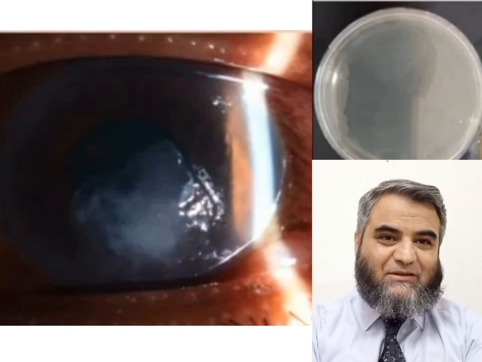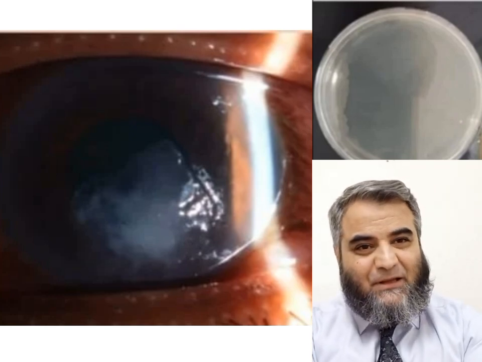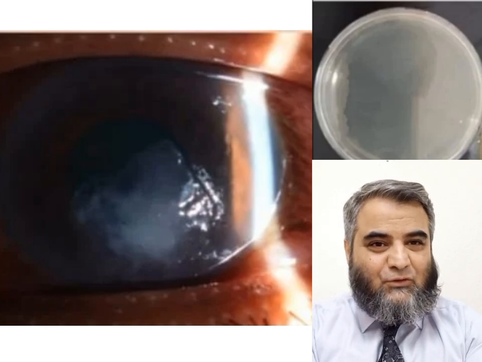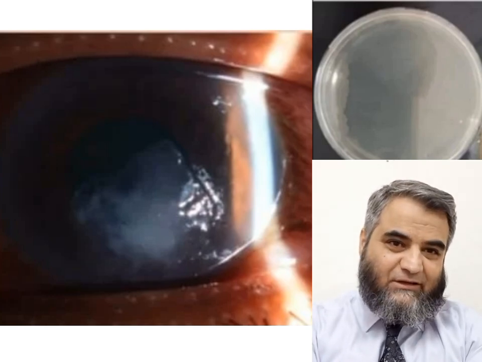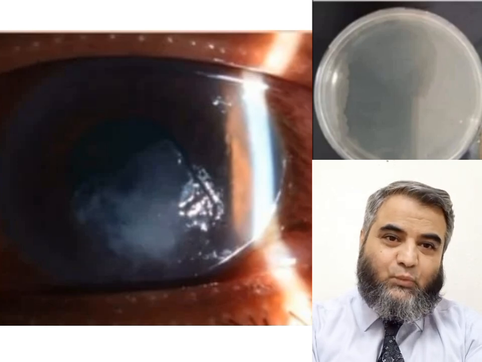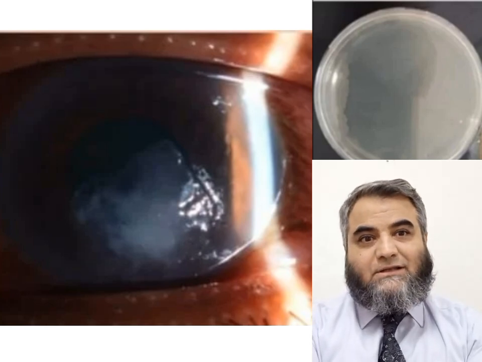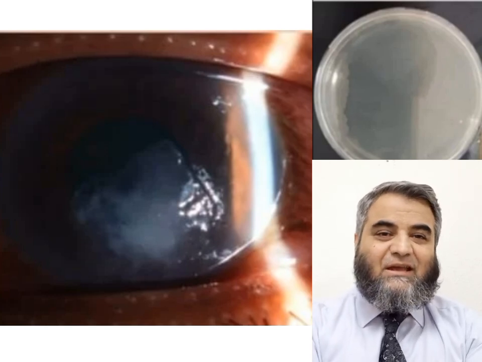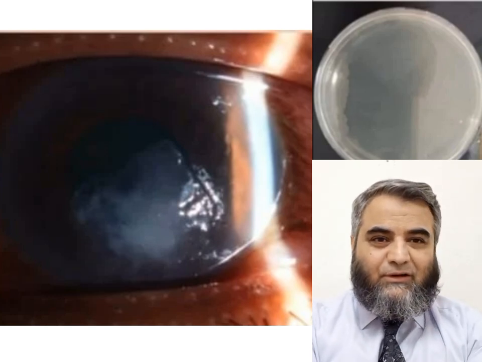Its immunity is weak because there is no blood supply. If there were blood supply, it would not be transparent. So it is always transparent because of avascularity, but on the other hand, it becomes weak. So these microorganisms, now I'm talking about the fungus, get a chance to proliferate there and then go further into the eye.